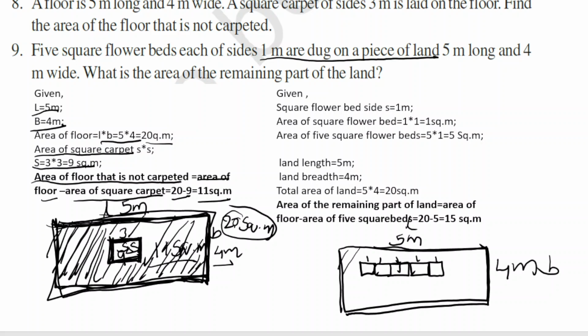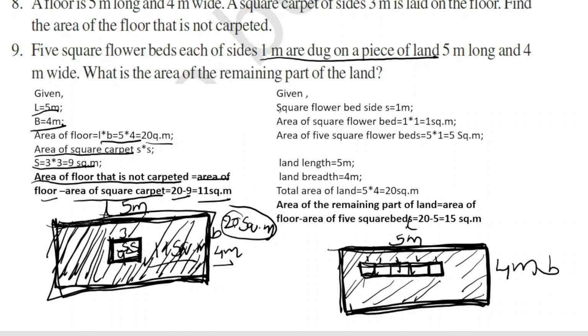We need to find out the area of the remaining part. To find that out, first we need to find the total area of the land and the area of the 5 square beds, and we need to subtract the 5 square beds area from the total area of the land.